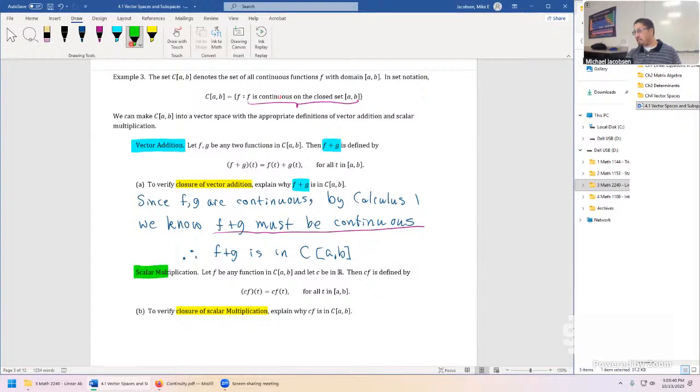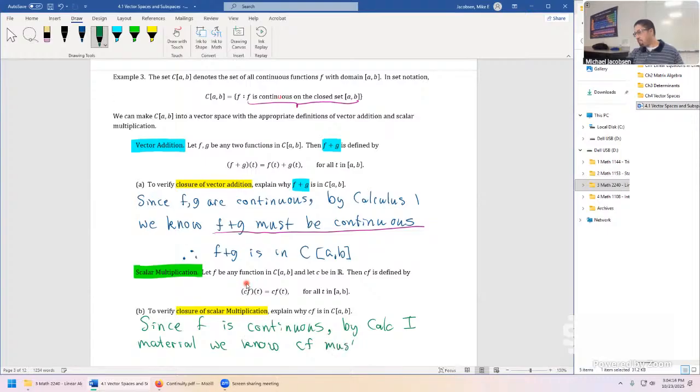Well, next one is scalar multiplication. Really kind of the same idea. We cite Calculus 1 material. If f is a function of CAB, it tells us f is continuous. So if we follow that same process, we'll say, since f is continuous, by Calculus 1 material, once again, we know CF must also be continuous.